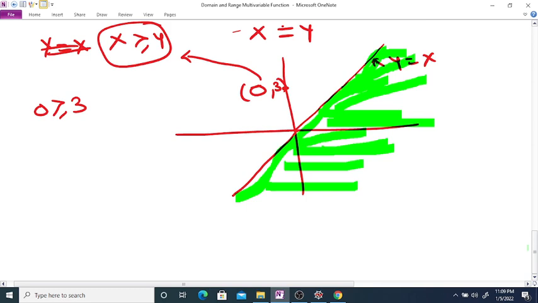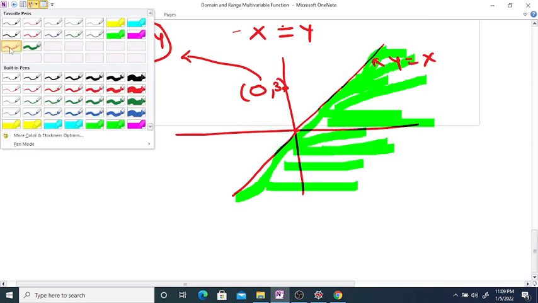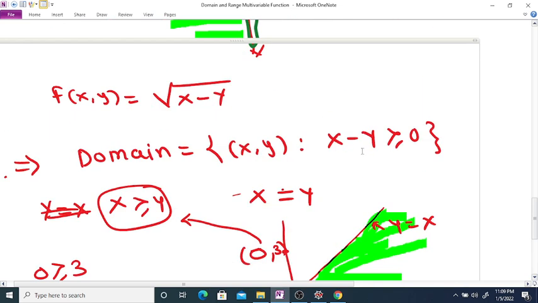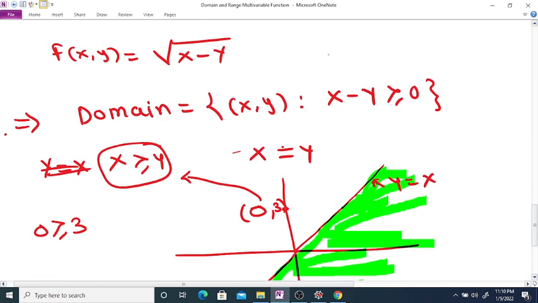Now we know that, to determine the range, again 0 is present in the range. That is, you can find a pair (x, y) such that f(x, y) is equal to 0.